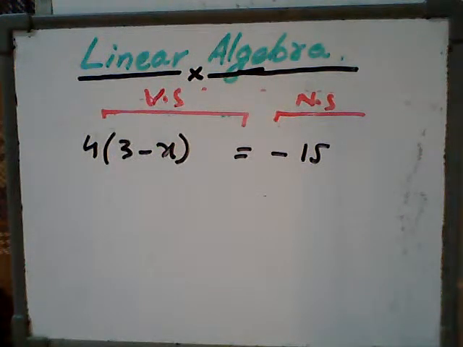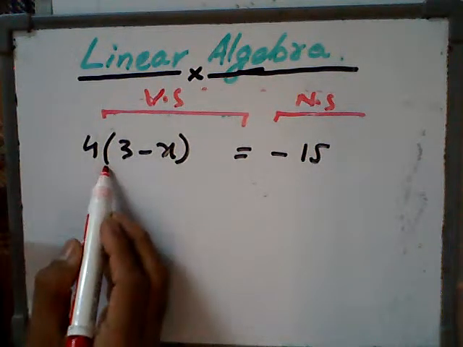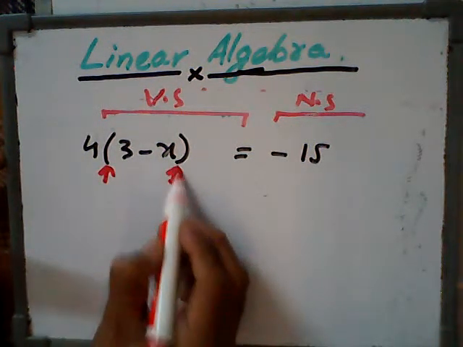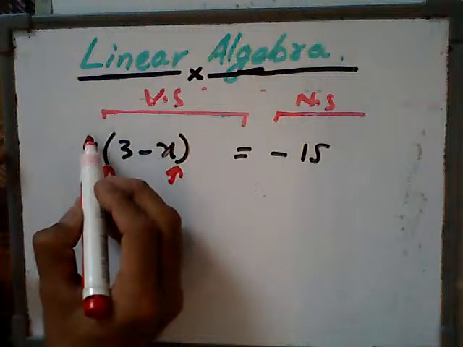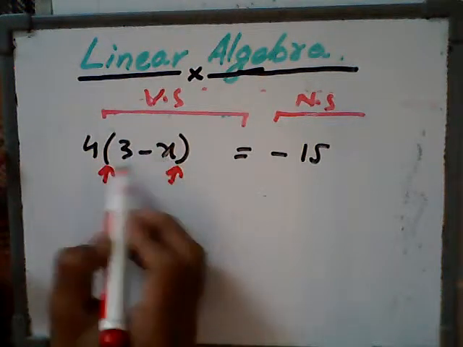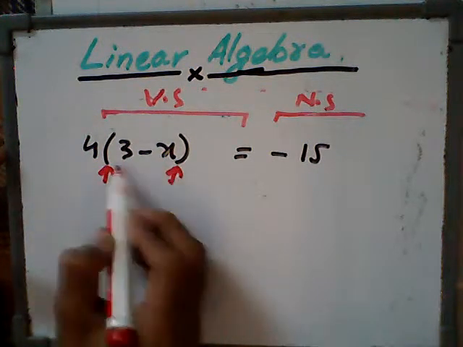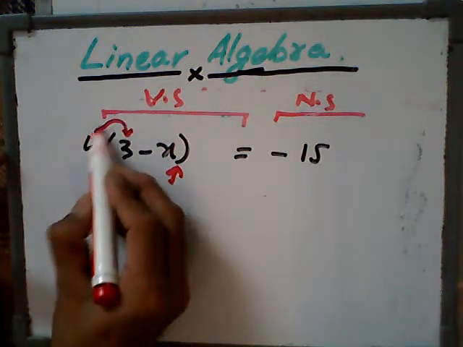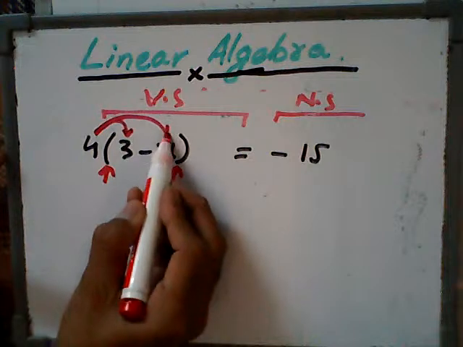Now let's check it, simplifying this. If this is a 4 and after this is a bracket, then this 4 will be multiplying each and every part within this bracket. So it will be multiplying with 3, and secondly it will be multiplying with minus x.